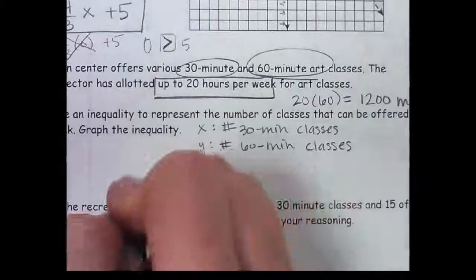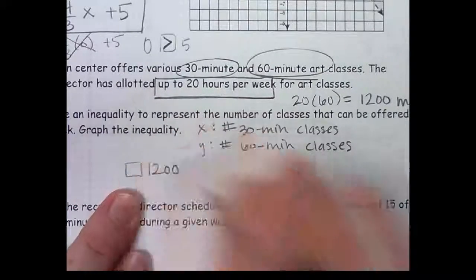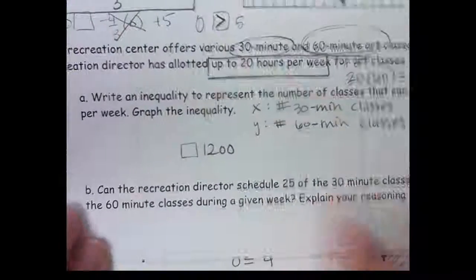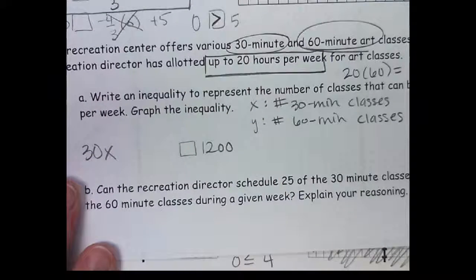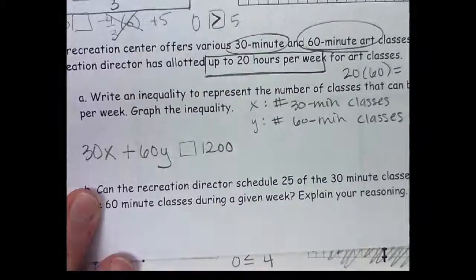Okay, so I'm going to put my box there. That's my inequality sign. Here's my total minutes, 1,200. Then we have our 30-minute classes, so 30x. So your 30 minutes times the number of classes, plus your 60-minute times the number of classes.